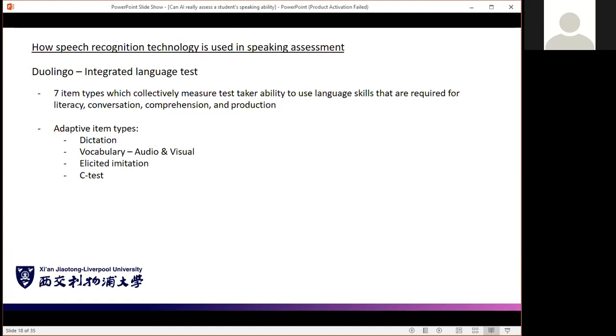And a C test, that's where I think it's a mechanical test creation approach, whereby I think it's every third syllable, or the second syllable of every third word is removed from a text.